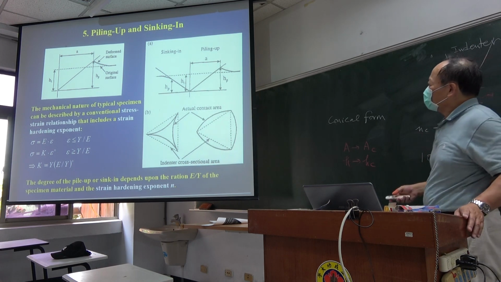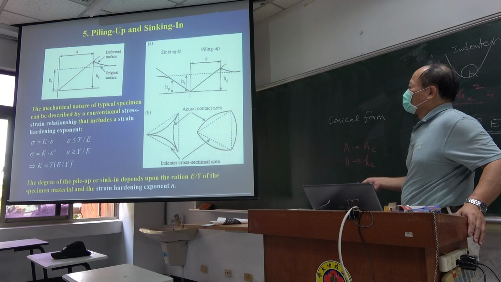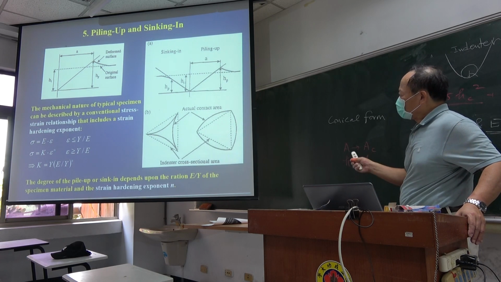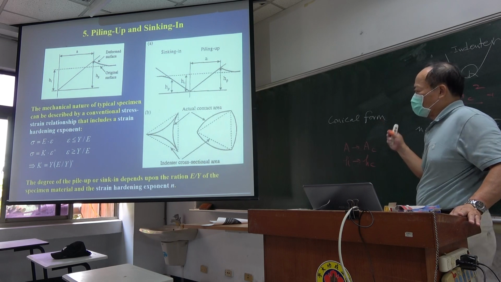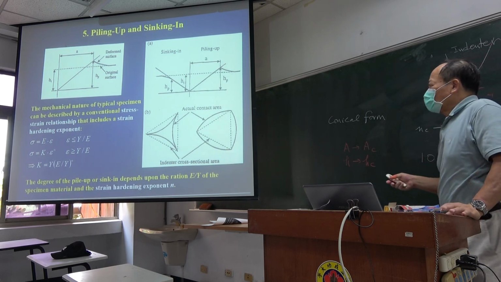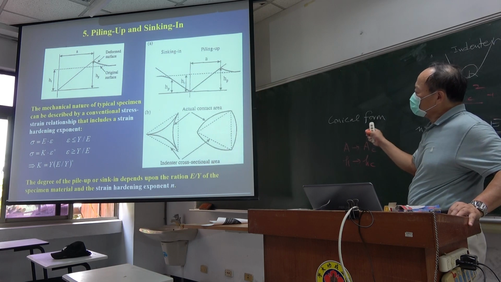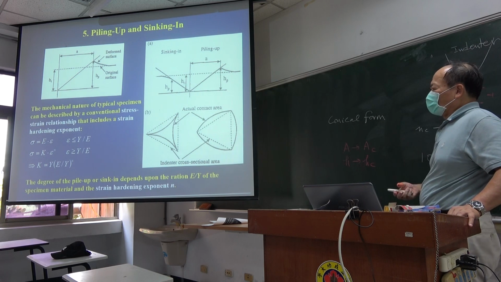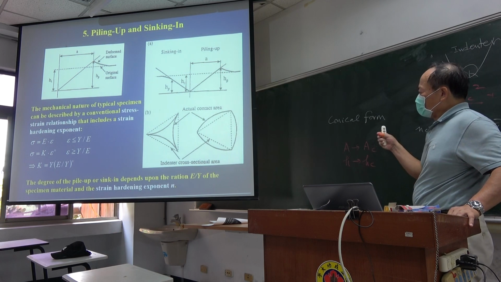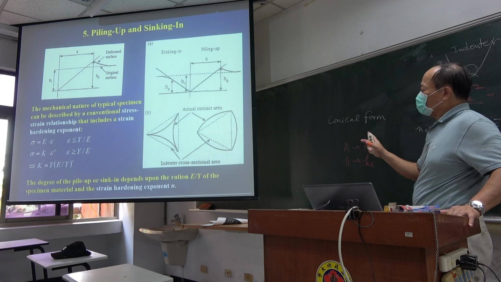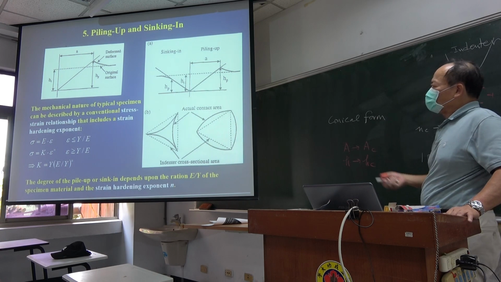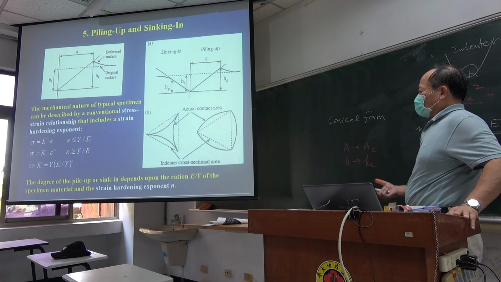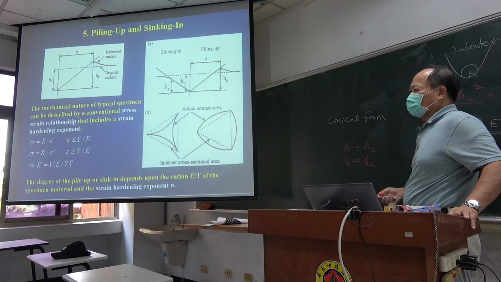Okay. But you will find this modified form also has error. But the error depends on whether the material is brittle material or softer material. If it is brittle material, this modified real contact area has a small error. When you indent the material, the result obtained from this modified model will have a smaller error. But if you're operating in the softer material, you will find a bigger error cannot be avoided.